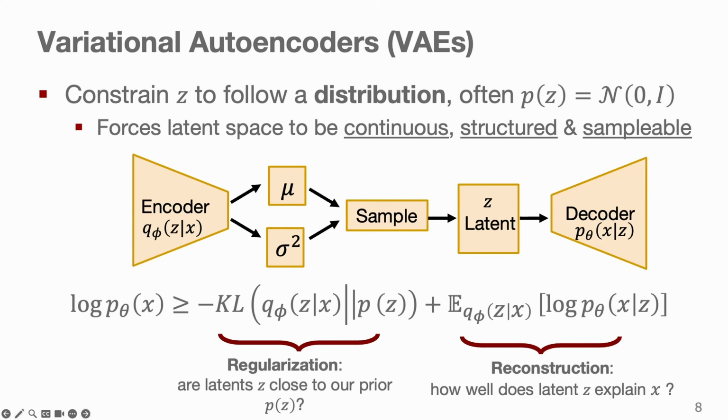And then the KL regularizer penalizes it from deviating too much from the prior distribution. The key advantage is that now, in principle, at test time, we can sample any Z from our p of Z and then decode it into a meaningful output. So now we really have a generative model.